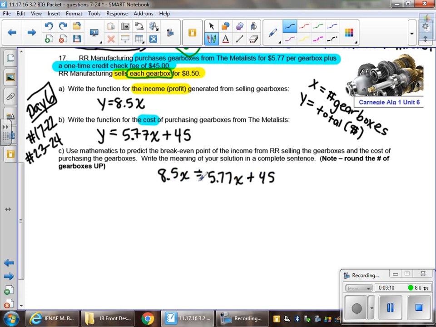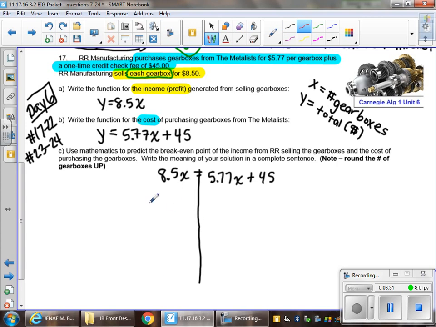We set cost equal to profit because this is when the business will have broken even. They've made exactly the amount of money they need to pay their bills and other expenses. So they're not actually in the green, so to speak, yet. They've only broken even once we've found this answer. Ultimately, we want x equals a number.